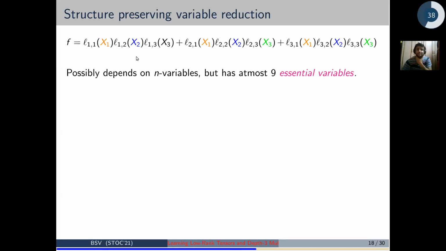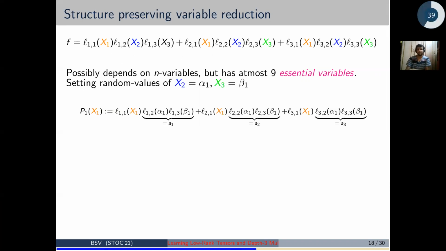So let's look at structure-preserving variable reduction. To emphasize the structure, I've color coded everything to demonstrate that each linear form comes from a disjoint set of variables. Note that there are just n essential variables, although the total number of variables showing up in this polynomial can be larger.